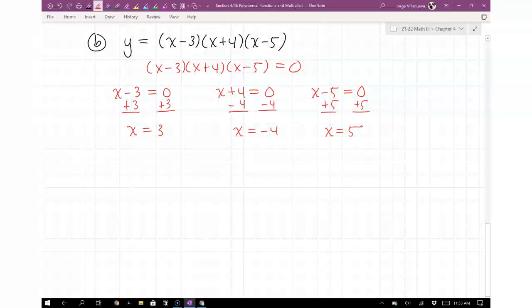Again, this is old school stuff that you guys have done many times before, just solving a single step. So I'm not too worried about that. So my answers are negative 4, 3, and 5. And that's going to be my solution to this problem.